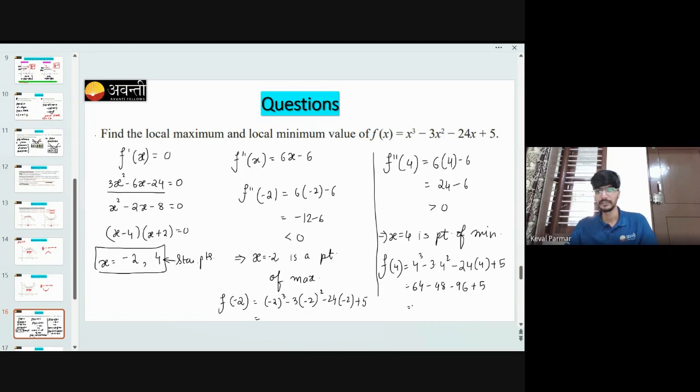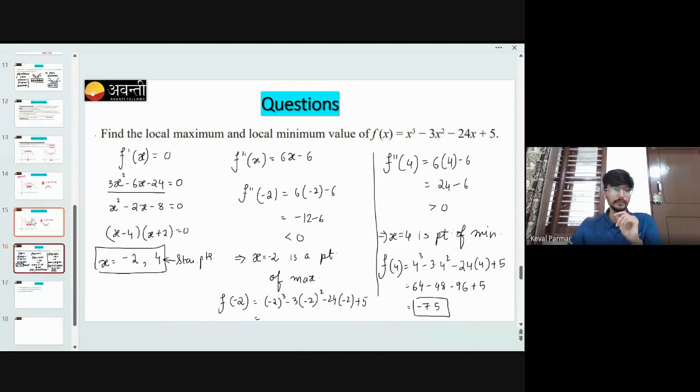I guess we are getting a negative value. So minus 75 we are getting. Right? I hope it is clear.